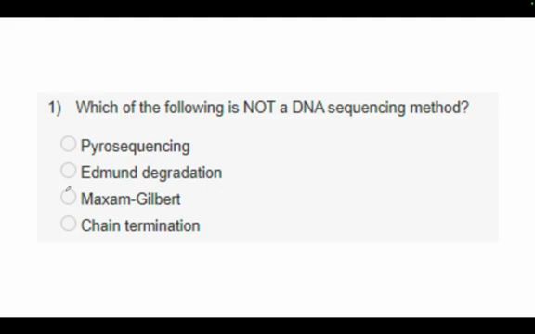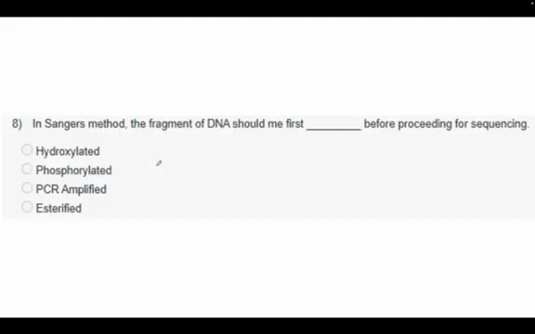Okay, which of the following is not a DNA sequencing method? So pyrosequencing, Maxam-Gilbert, and chain termination we discussed. Edman degradation is a protein sequencing method that we will discuss in the following slides. Okay, in Sanger method, the fragment of DNA should first be dash. So it should first be PCR amplified before proceeding for sequencing.